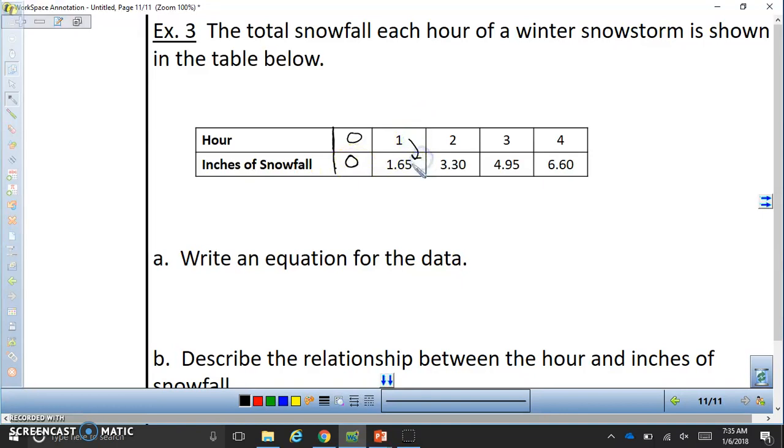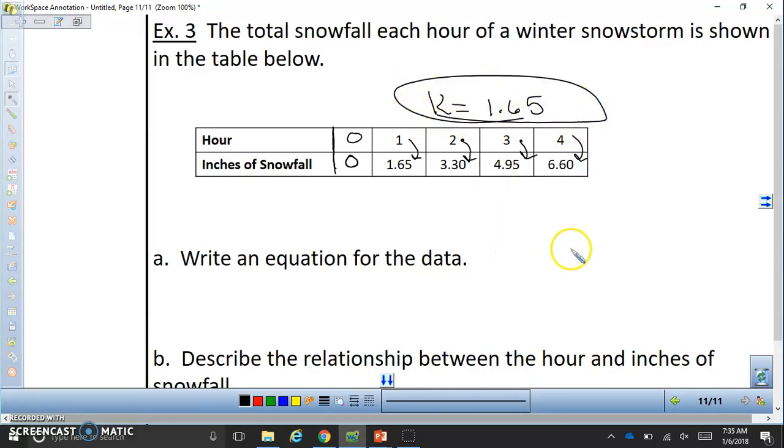1 times 1.65 is 1.65. Let's do 1.65 times 2. 3.3. Yep, so this is that proportional one. This is a direct variation, meaning these numbers are all multiplied by 1.65. Our equation is y equals 1.65x.